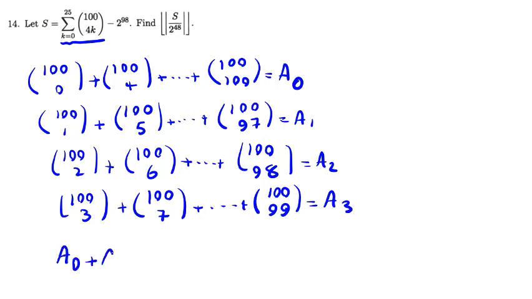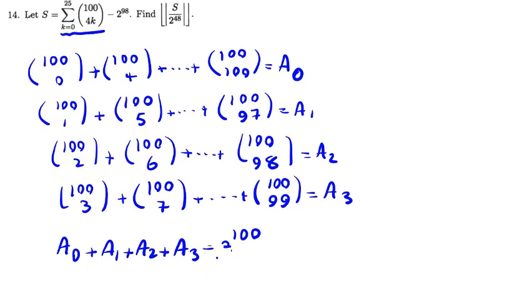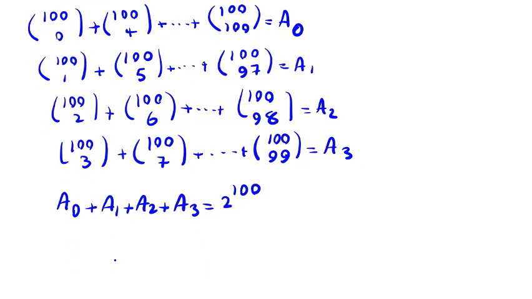Now, we know A0 plus A1 plus A2 plus A3 equals 2 to the power of 100. That is the first thing we know. The next one, we know the number of subsets with odd elements equals the number of subsets with an even number of elements. The reason is this: 100 choose 0 minus 100 choose 1 and so on, plus 100 choose 100.